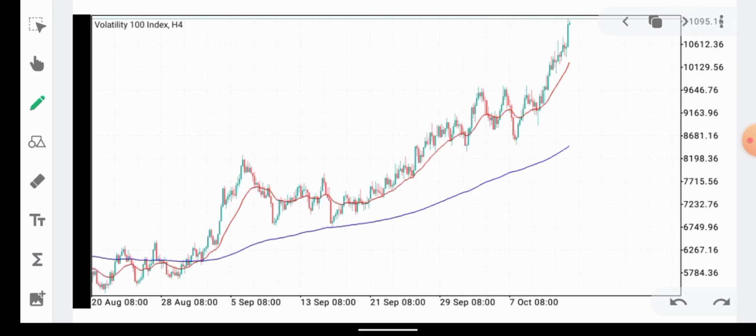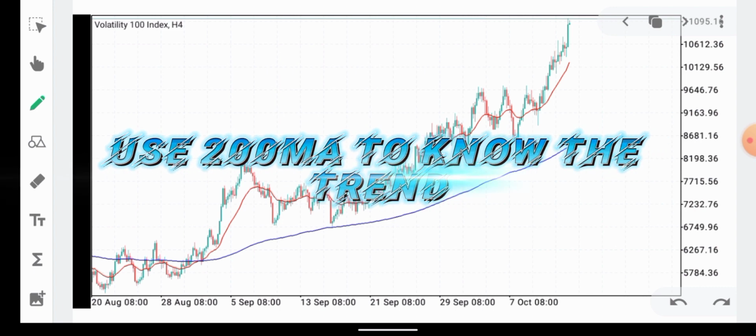Right here, this is volatility 100, and as I said in the last video, you can't use this type of strategy without knowing the trend. First of all, you have to know the trend of the market, and in my last video I explained that you can use the 200 moving average to know the trend.